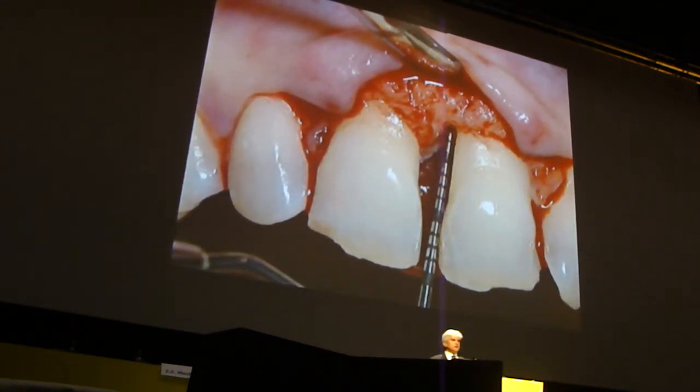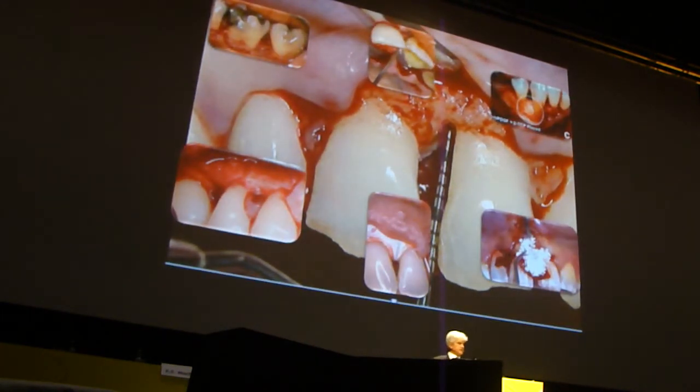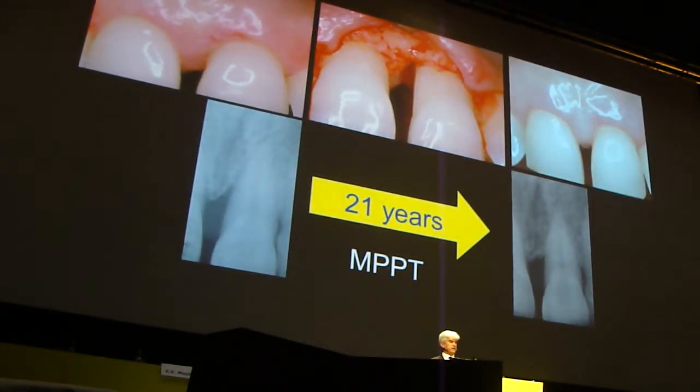What can we do here? Here we can use all of the materials that we have been discussing. We can place grafts, amelogenins, growth factors, barriers, combination, whatever. And get out with an outcome like this after 21 years.